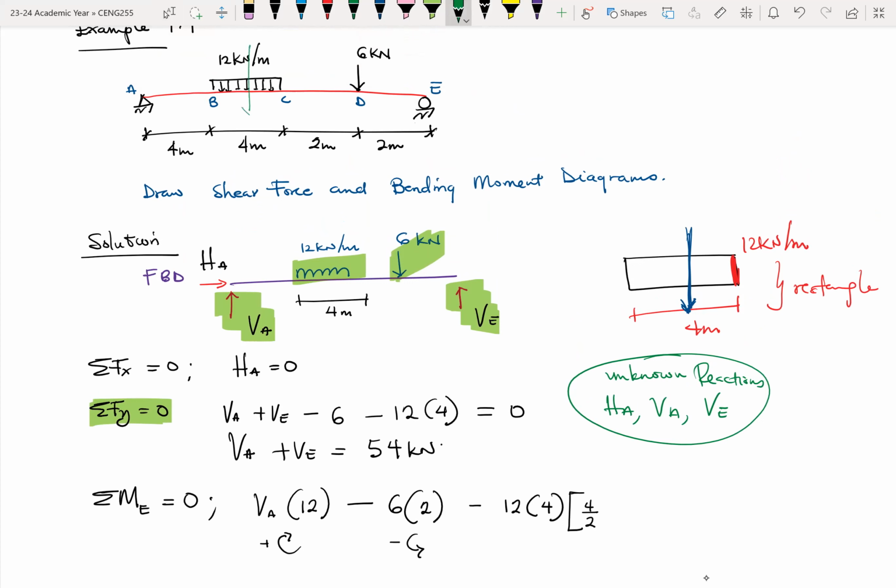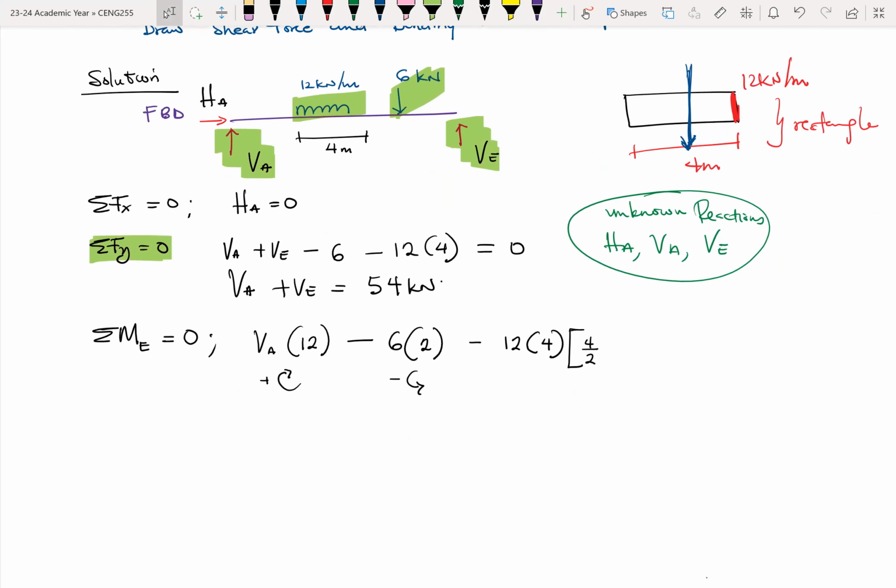It's acting somewhere in this space, from between B and C all the way to E. That distance here, this dx, is the distance for the UDL. So it's simply half of 4 plus 2 plus 2. Maybe we can use that as a reference. And all of this is equal to 0.